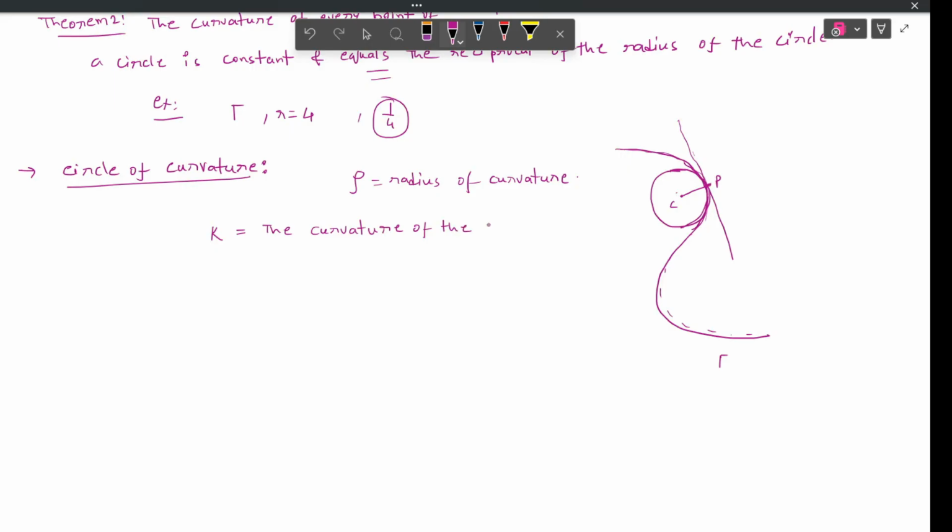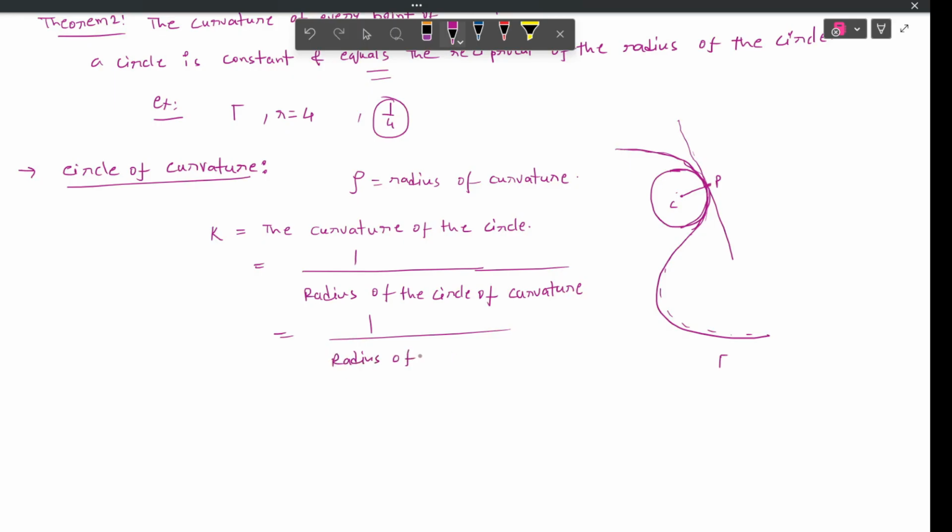According to our last theorem, we know that the curvature of a circle is 1 by the radius of the circle. So this should be 1 by the radius of the circle of curvature, which is the radius of curvature of gamma.